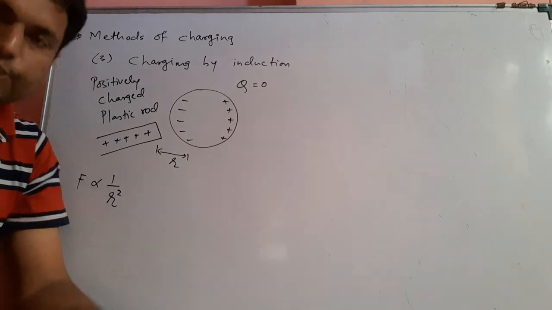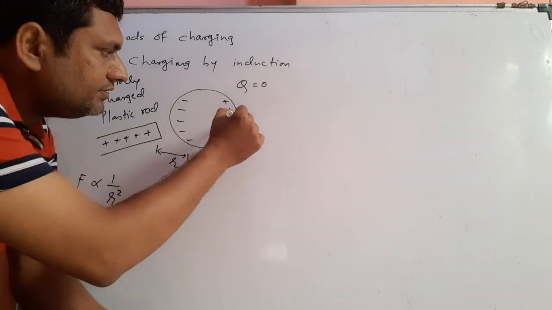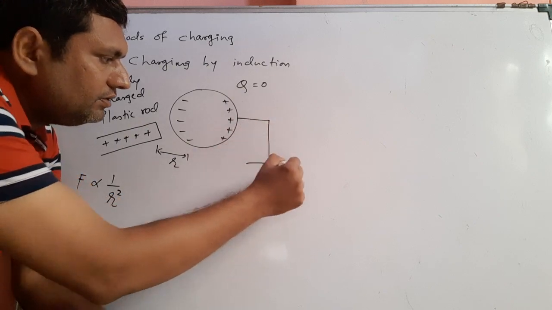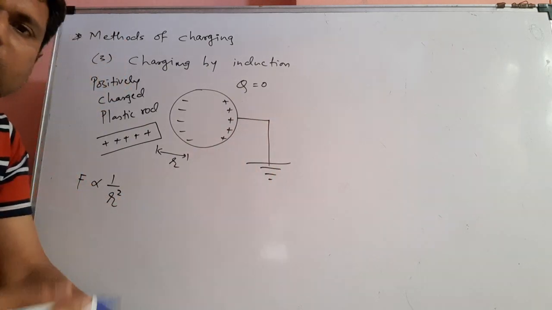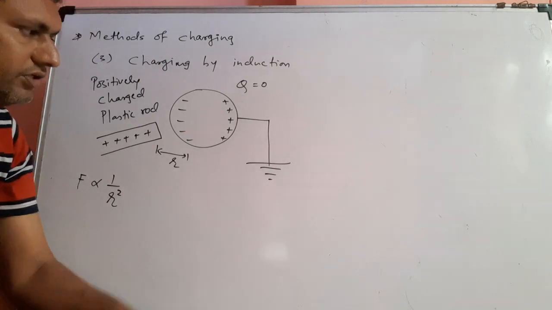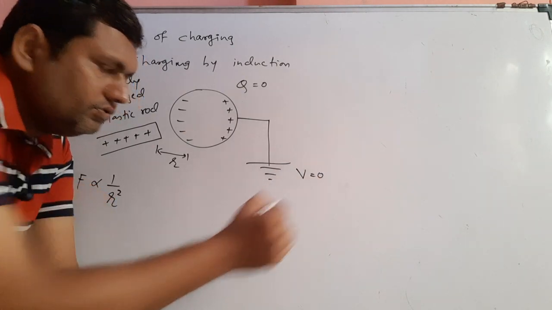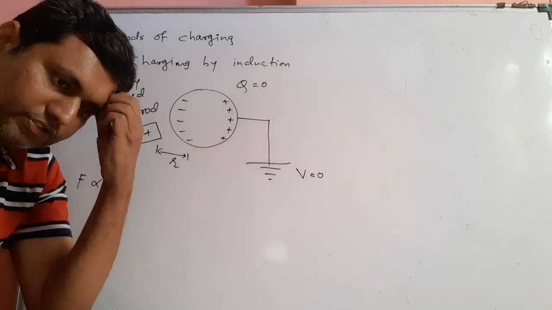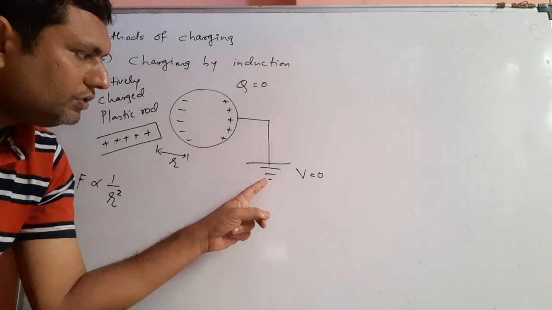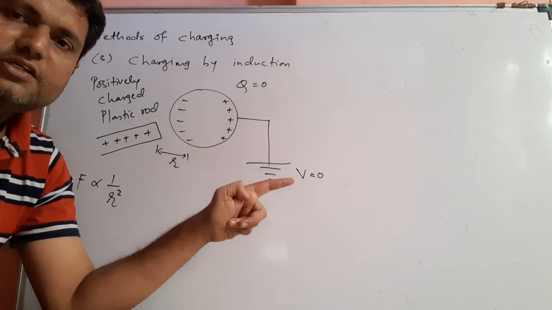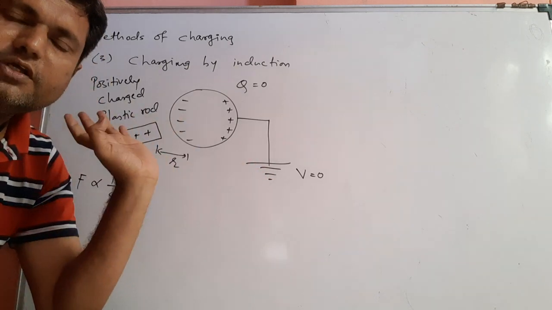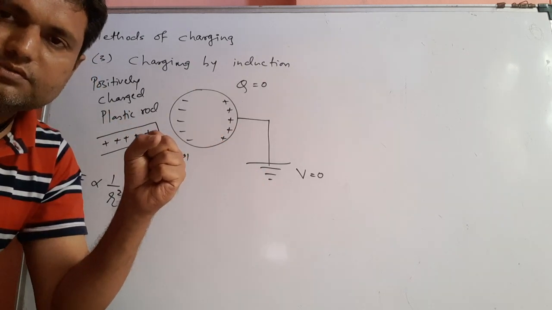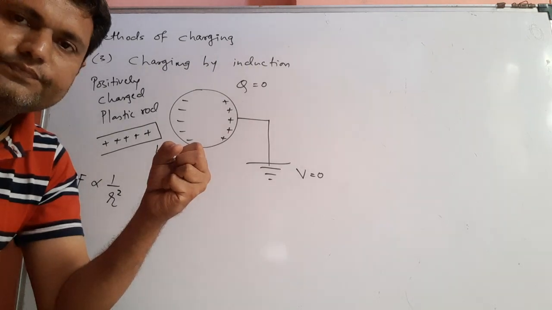So now what we will do, we will connect this end of the sphere with the earth, which we also call a ground connection. Generally we consider the ground to be zero potential, which means we take earth potential as the reference potential. So V is equal to zero, the potential is zero, so here it is a ground connection. Now earth is a good source of electrons, a good absorber of electrons.